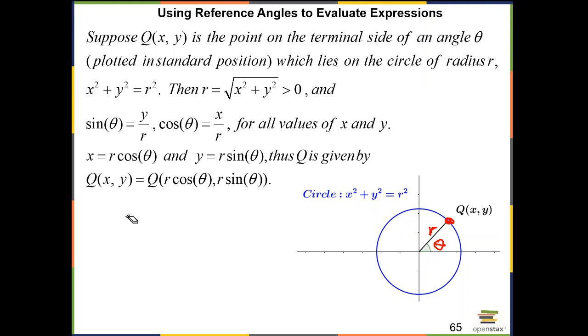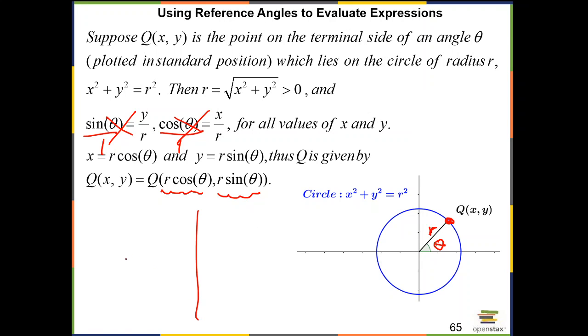Okay, so what we see here is that by definition, we know sine is y over r, and cosine is x over r. And if you put a 1 under here and cross multiply, you get two expressions for y and x. So x is r cosine theta, and y is r sine theta.